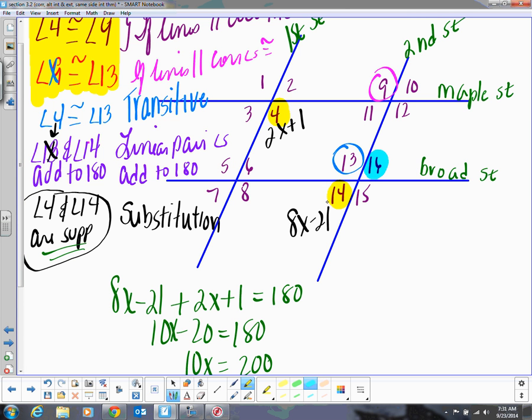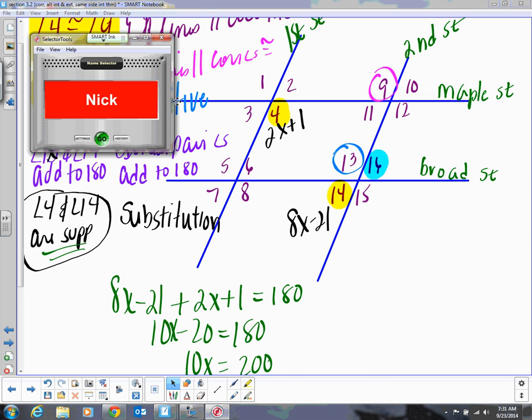So what relationship does 16 have with 14? 16 doesn't have a relationship with 4 unless we go through a bunch of thinking process. Becky, what is this relationship? Vertical. What do you know about vertical angles? Vertical angles are, yes. So we know 16 equals 14.